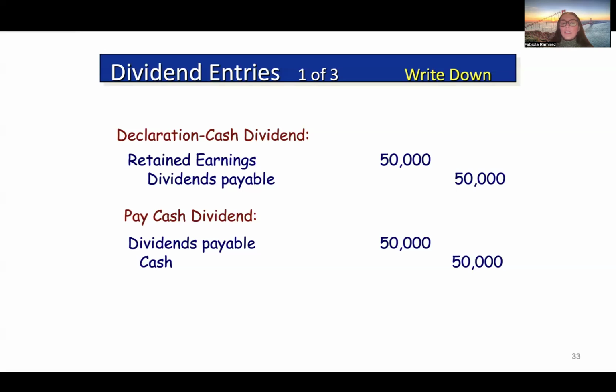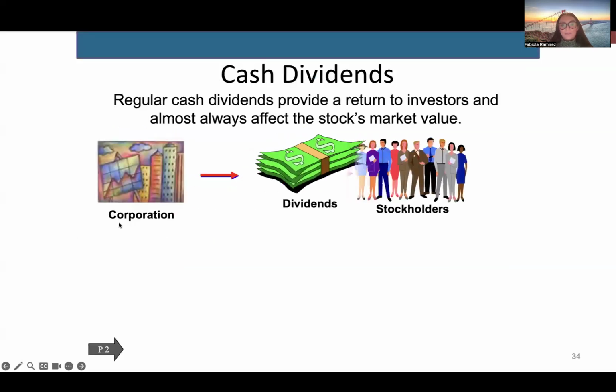When the cash dividend is actually paid, you reduce the liability by debiting the dividends payable account because it is no longer a liability, and you credit the corporation's cash because the corporation is giving cash to shareholders, so it reduces cash with a credit.